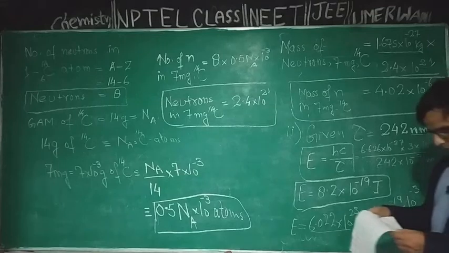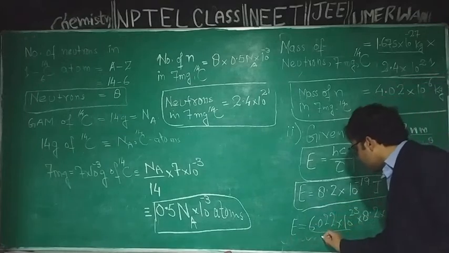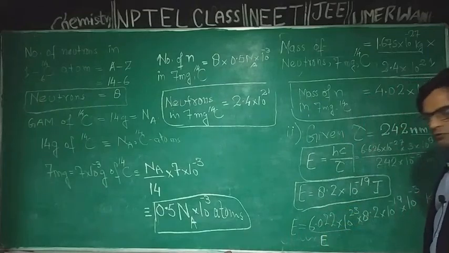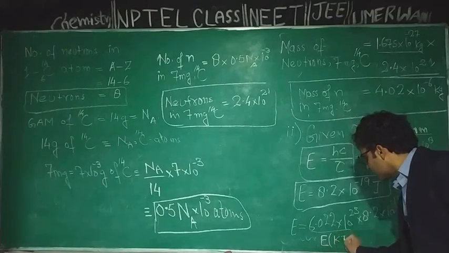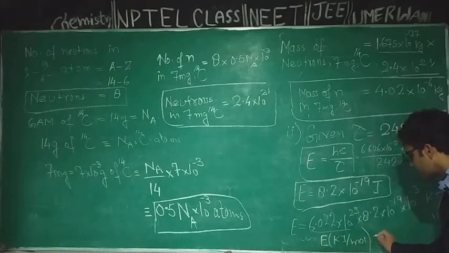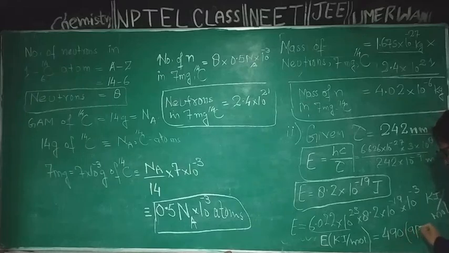After evaluating this value as well, the ionization energy in kilojoule per mole of sodium atoms is approximately 490. It will come 493 actual, but I have made approximate calculations here, so it will come 490.